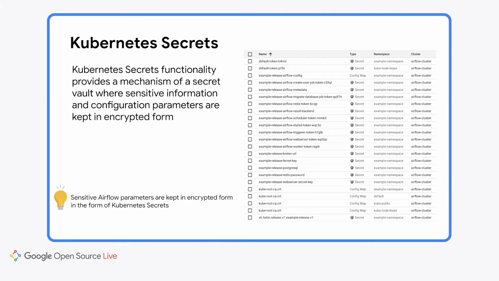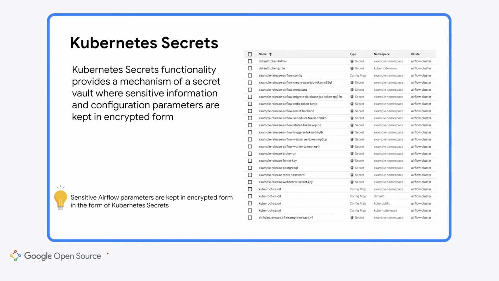When a given component needs a given parameter, it can contact Kubernetes secrets and read it from there, and it doesn't even need to store this parameter within the process space. One example of such a very sensitive parameter is the Fernet key, which is an encryption key for encrypting connections.